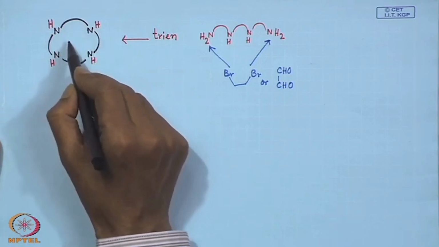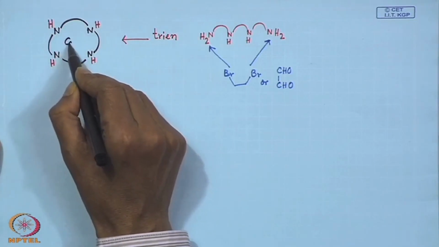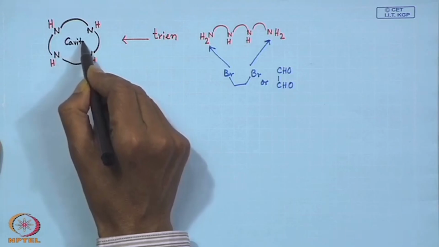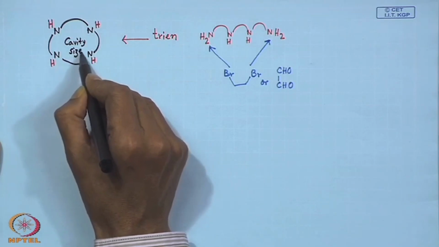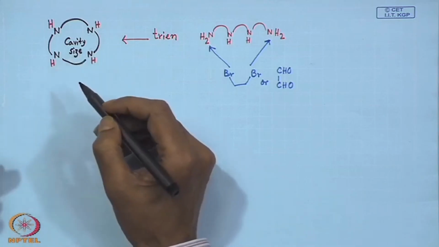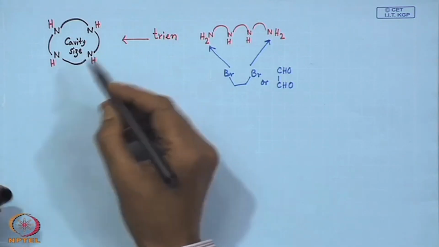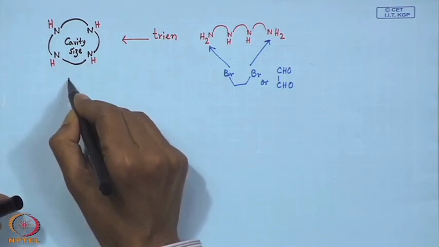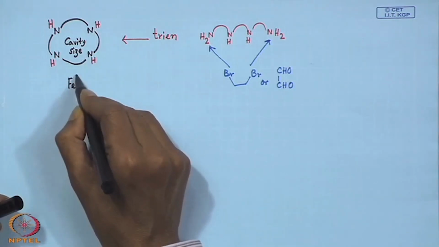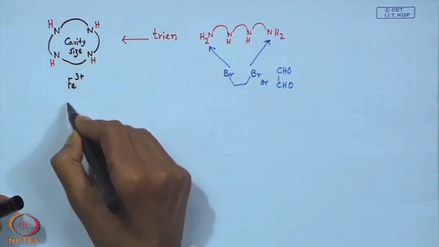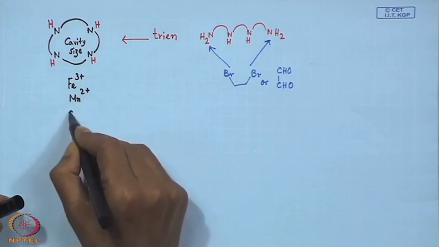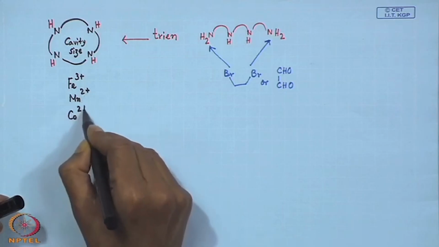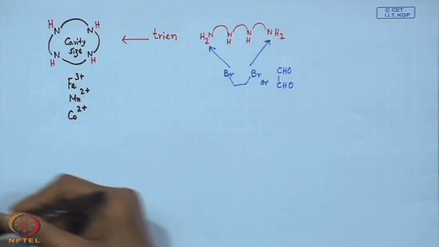So, this cavity size is important. This cavity size will say what type of metal can enter, whether it is Fe3 plus or Mn2 plus or cobalt 2 plus or 3 plus.